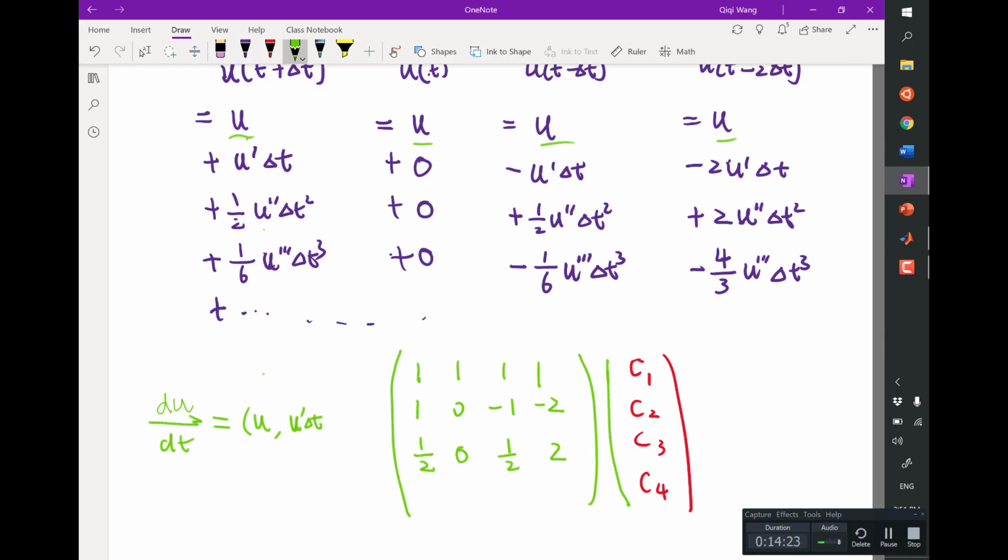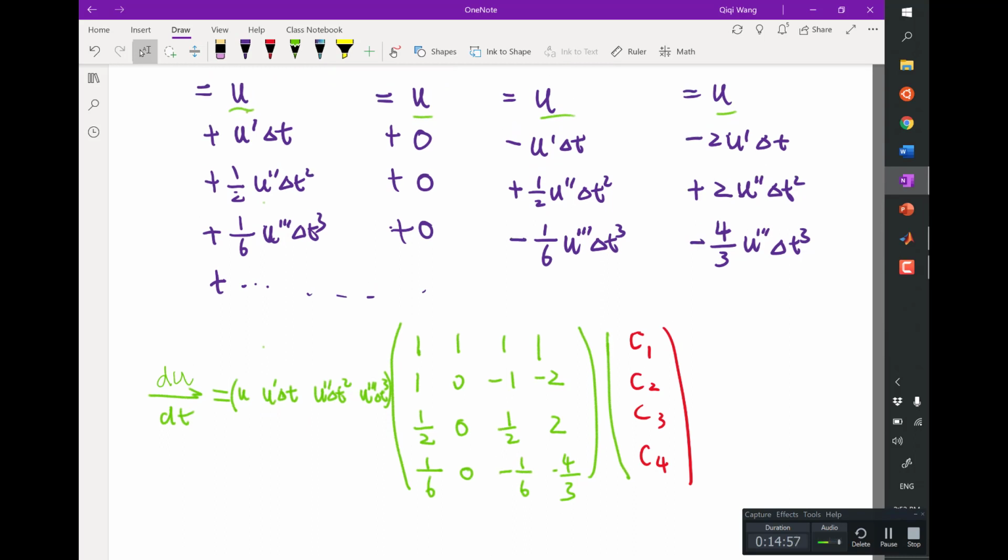That's going to be multiplied by, let me write this a little bit more compactly, u prime delta t, and the third is going to be u double prime delta t squared, and the last one is going to be u triple prime delta t cubed. Okay, and the coefficients are going to be a sixth, 0, minus a sixth, and minus 3/4.